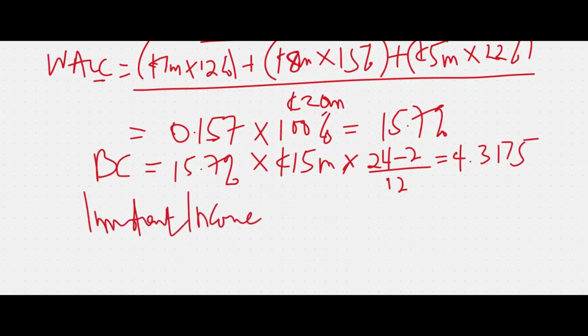So investment income. How much did they invest? 5 million. At what rate? 10%.